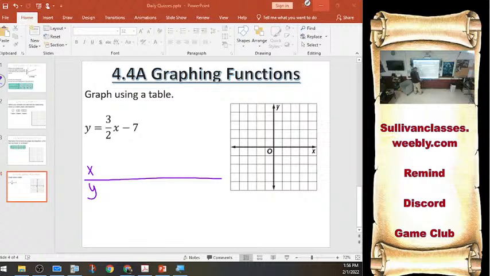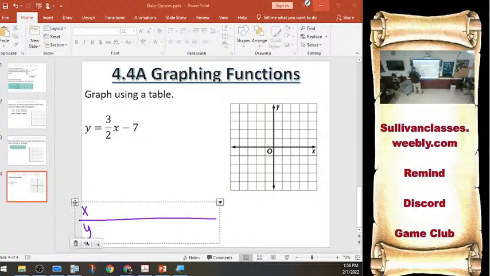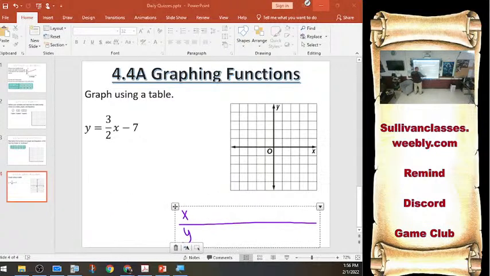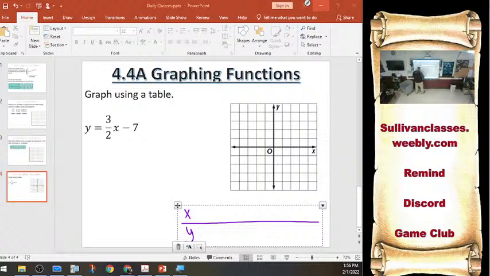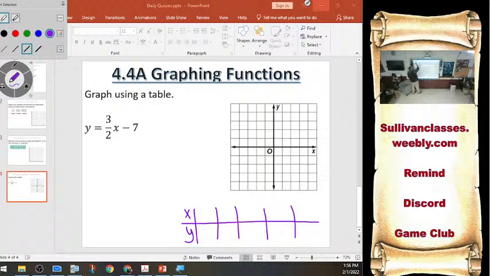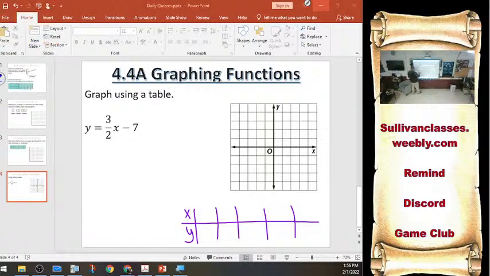There's a skill to it where you can either do cheater tables, where you don't show much work because you're letting the calculator do the work for you. Perfectly legal. Or you do it for real, where you actually put 3/2 times a thing minus 7.